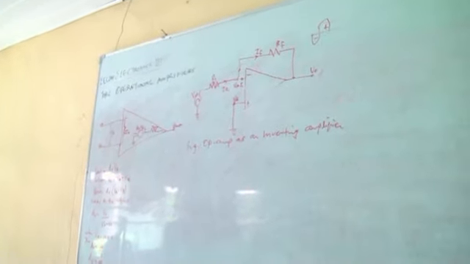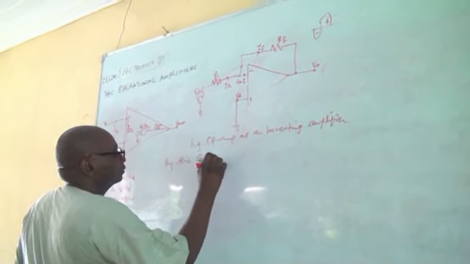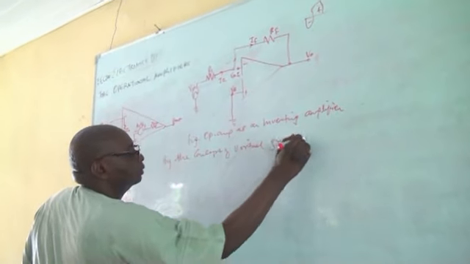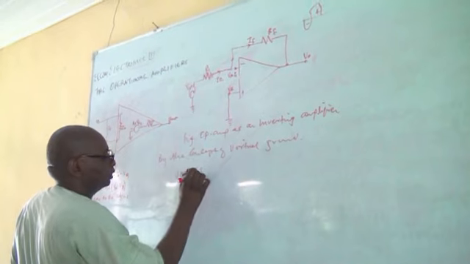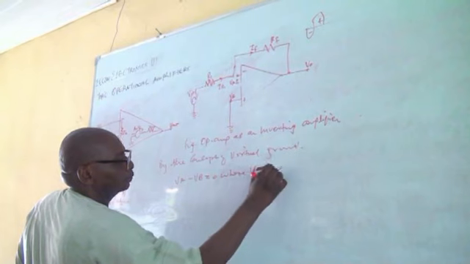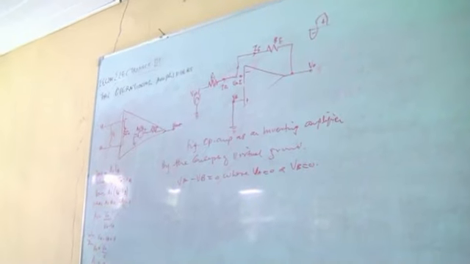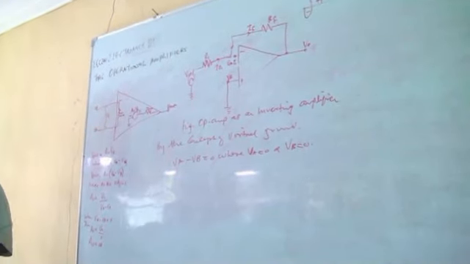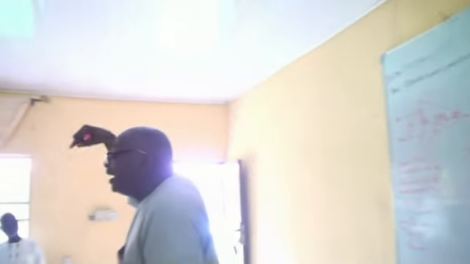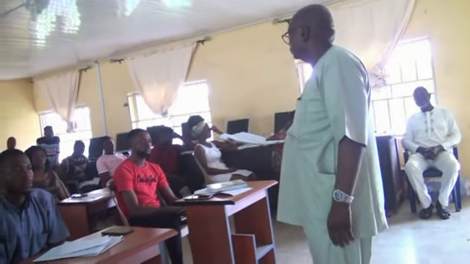So by the concept of virtual ground, VA minus VB equals 0, where VA equals 0 and VB equals 0. That's the way it behaves. Since the op-amp has a very high, infinite input impedance, the current will not flow into the op-amp.